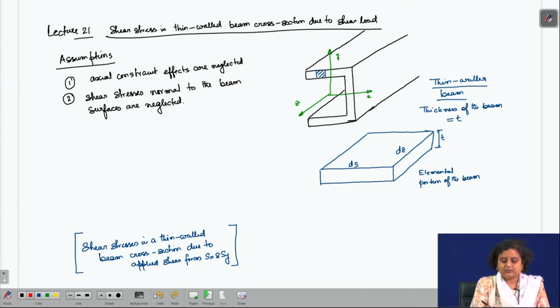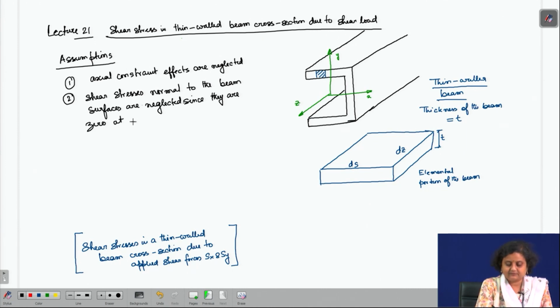So we can say that since they are 0 at each surface, and the wall thickness is small, they can be neglected.